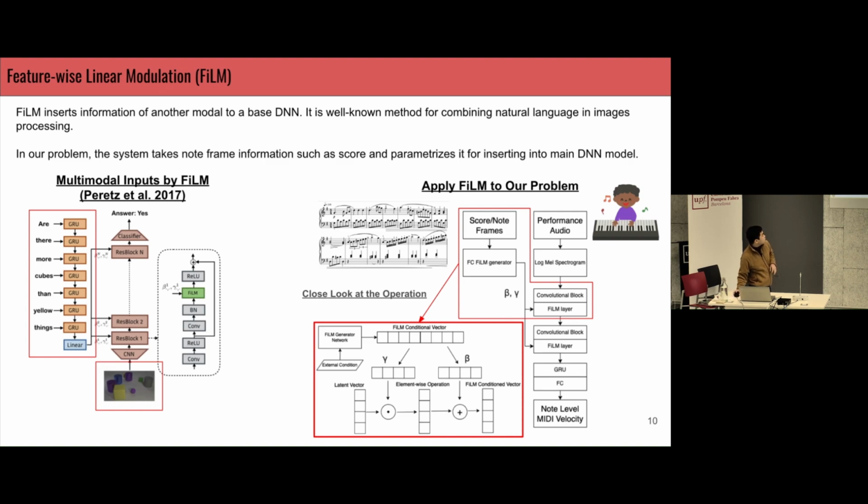So the conditions go into this, not too deep, but depending on the design of this parameter generator, it generates the FiLM conditioning parameters, then applies them to the latent space of the main network. This is the technical background of how to apply FiLM to integrate 2 modalities.